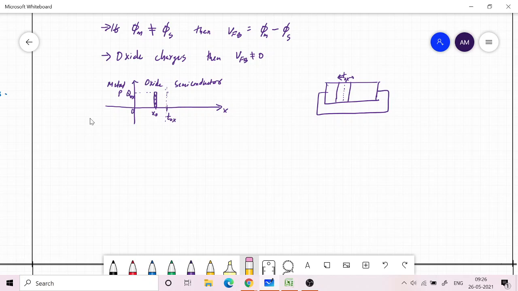Due to this positive charge, some amount of negative charge will come in the metal, and some negative charge will come at the interface with the semiconductor. So we need to show those charges also. So this is my Tox. I am going to have some negative charge here.